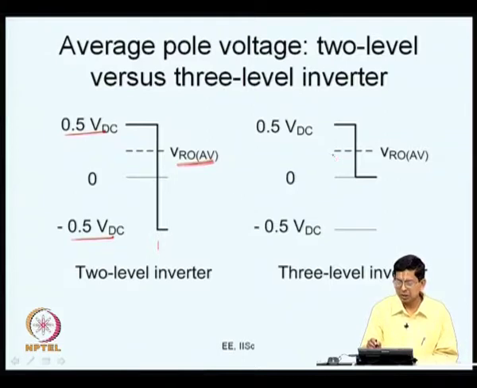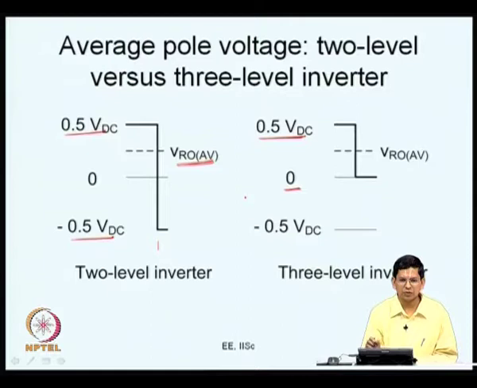If you consider a similar voltage of say 0.25 VDC in a 3-level inverter, you will realize that by time averaging of plus 0.5 VDC and 0, you do not have to apply minus 0.5 VDC. You apply 0.5 VDC for roughly half the switching interval and 0 for the remaining half of the switching interval to get an average pole voltage of something like 0.25 VDC.